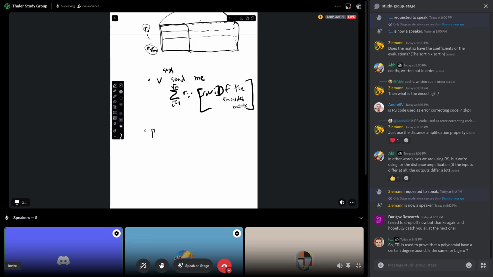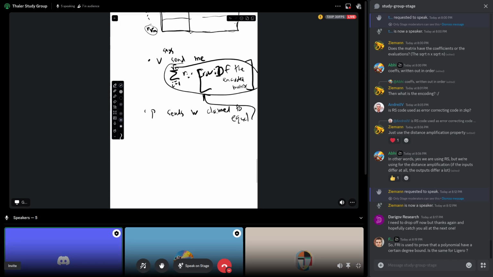And so the prover sends a vector W, which is claimed to equal what the verifier just requested, this particular linear combination of the rows. And the verifier checks two things. One, that W is a code word in the code.